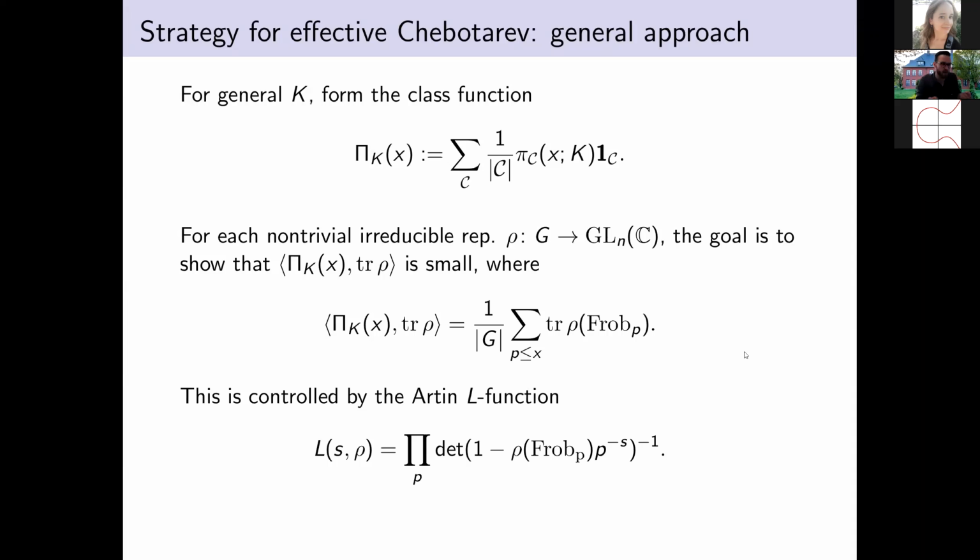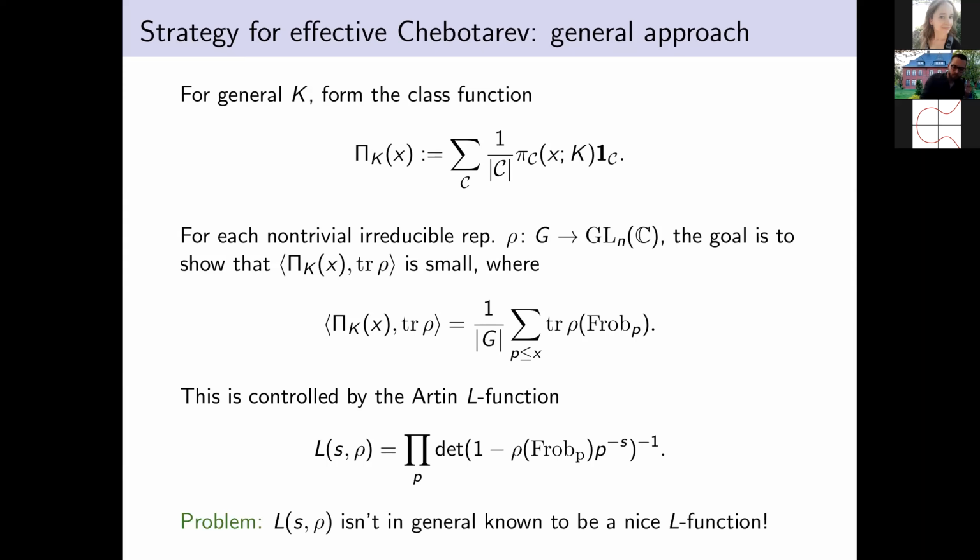Okay, and so you might think, let me just go to Iwaniec and Kowalski, look up what's known about Artin L functions, and I'll be able to get a Chebotarev theorem from that. There's a problem. The problem is that these Artin L functions are not in general known to be nice L functions. So what is known?